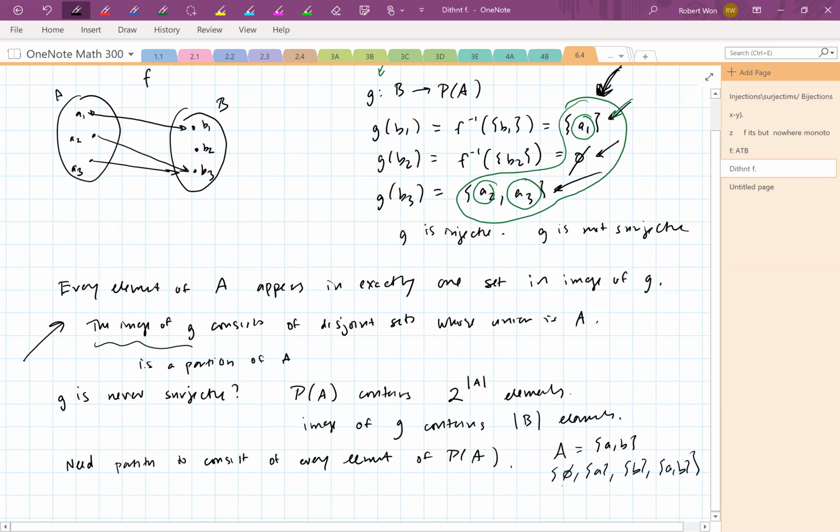So you could never take everything in the power set and get a partition, because a appears in 2 sets here, which could never happen in the image of G. But it actually is possible, but it's only possible if A is a set of size 1.